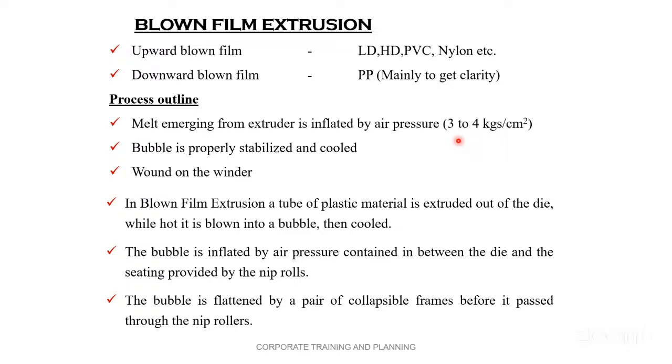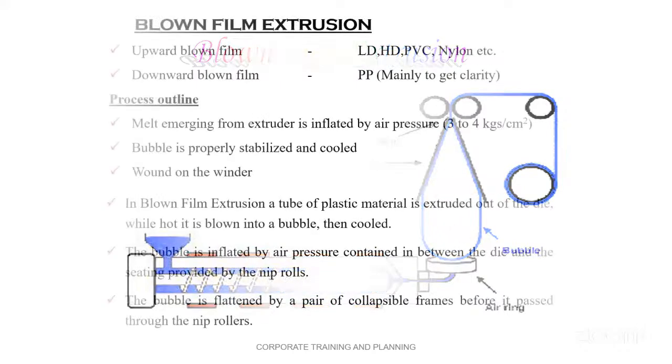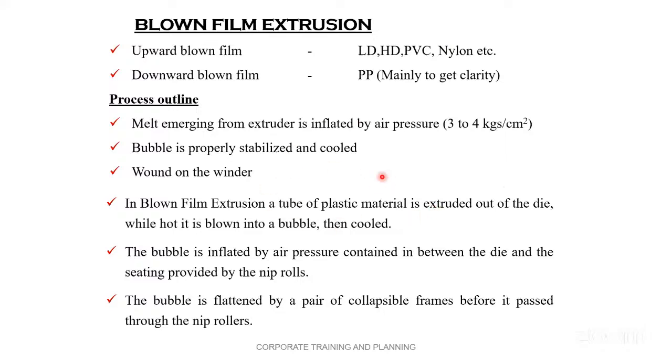It is very important. There is a pump, or maybe a compressor, by which we inflate the bubble. Here we are putting air from the downward direction, and that air may be 3 to 4 kg per centimeter square, by the compressor.